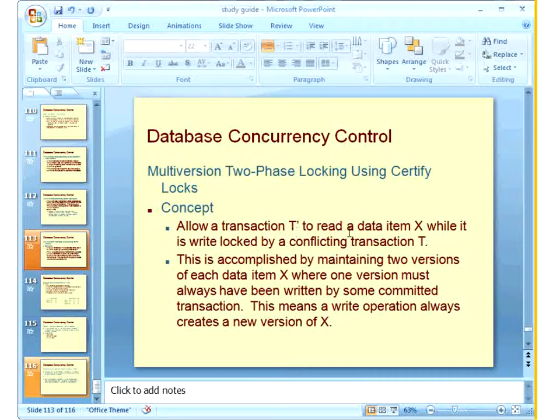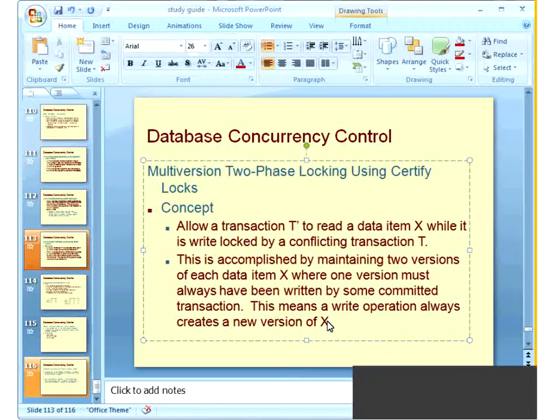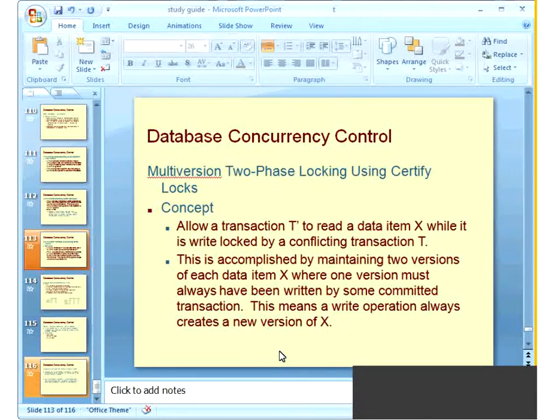The concept behind certify locks is to allow a transaction T' to read the data item X while it is write locked by a conflicting transaction T. This is accomplished by maintaining two versions of each item X, where one version must always have been written by some committed transaction. This means the write operation always creates a new version of X.